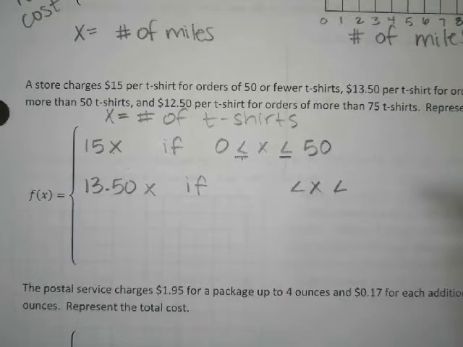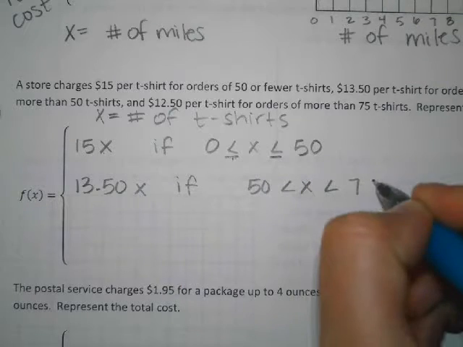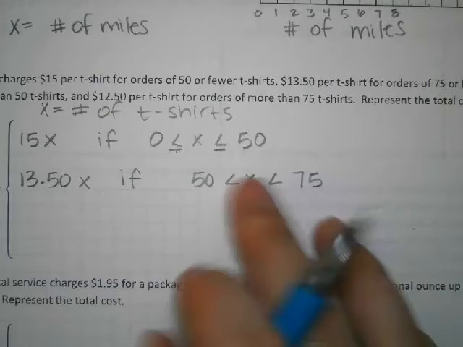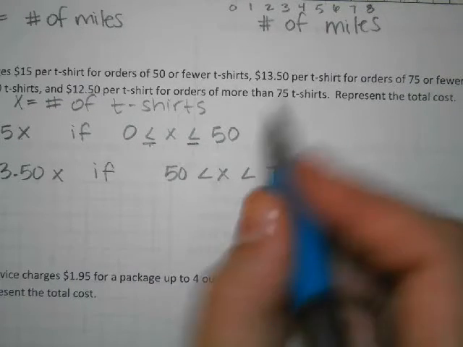X is between, yeah. So we do smaller to bigger. Should we have equal to on either of these? The 75.